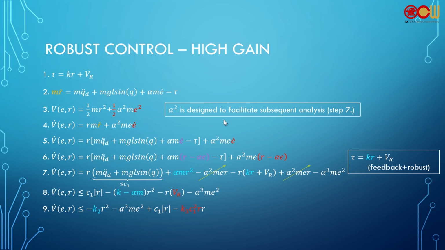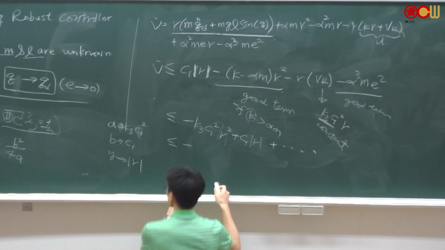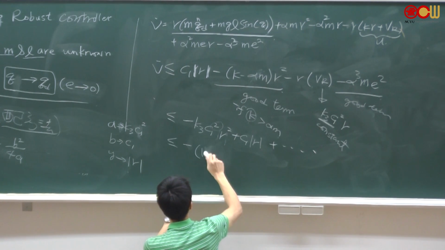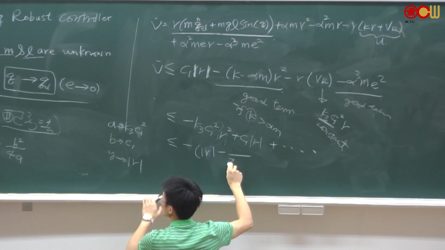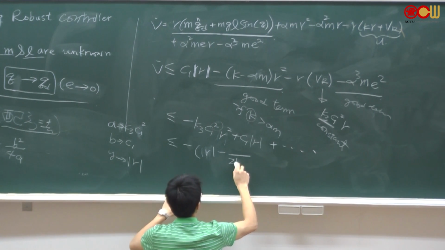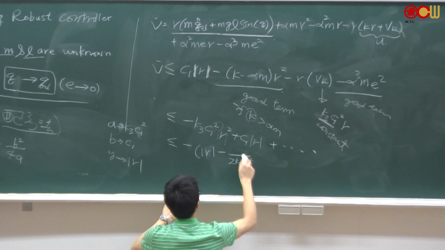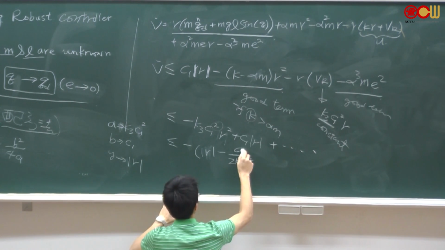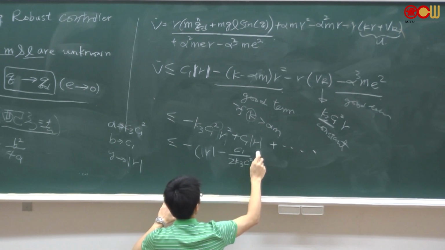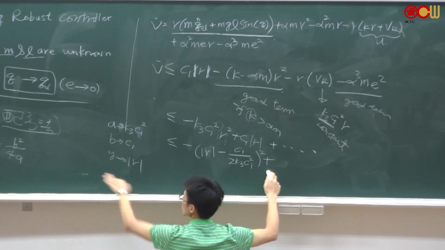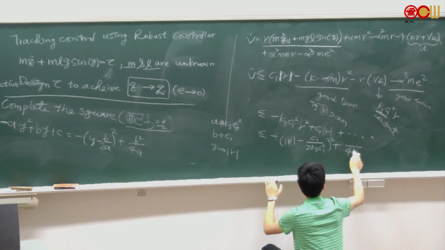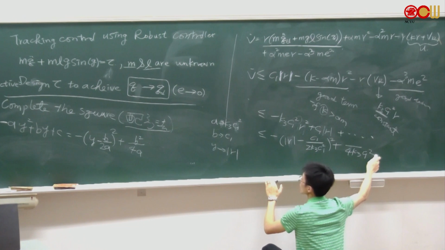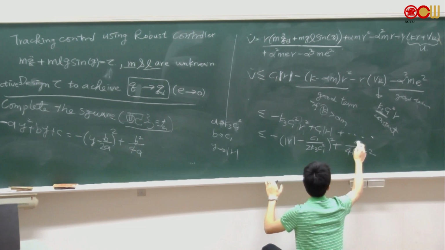Y is equal to R minus b over 2a, so it's C1 over 2 K3 C1 squared, and B, which is C1, squared, over 4 K3 C1 squared.